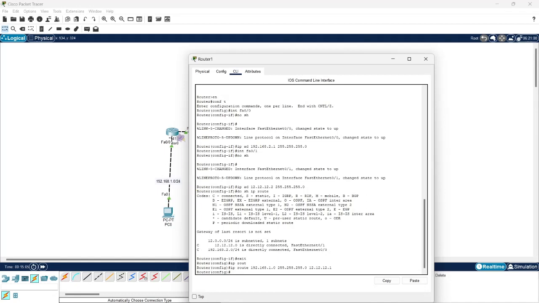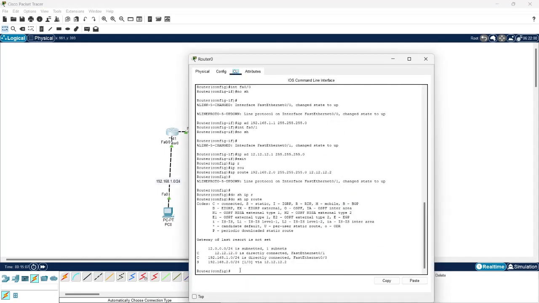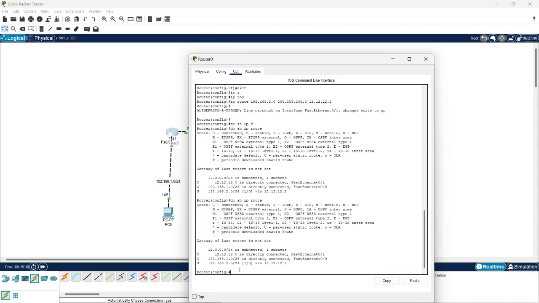And then we can check it again at the first router, router 0, with show ip route. Okay, so as you can see in here, we have configured the static route.